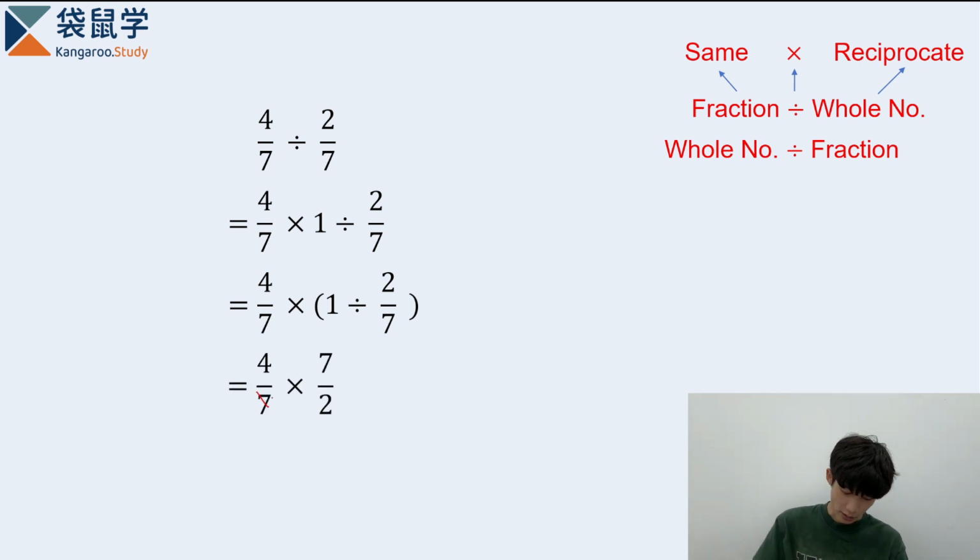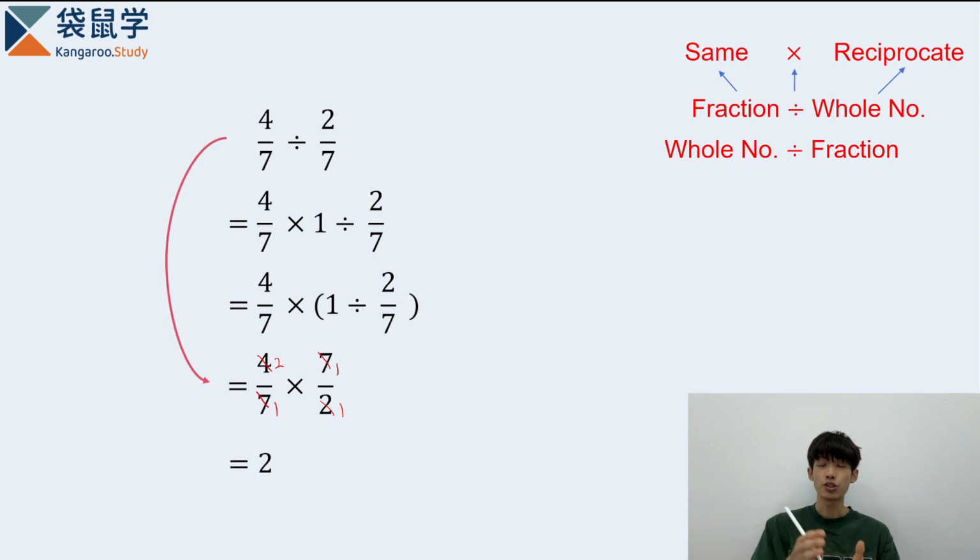And if we do the calculation, we can get 7 and 7 simplify to 1 and 1, and 4 and 2 simplify to 2 and 1, which gives us just 2. And now, if we connect these two calculations together, we can find out 4 over 7 remains the same, but the division sign has been changed to multiplication.